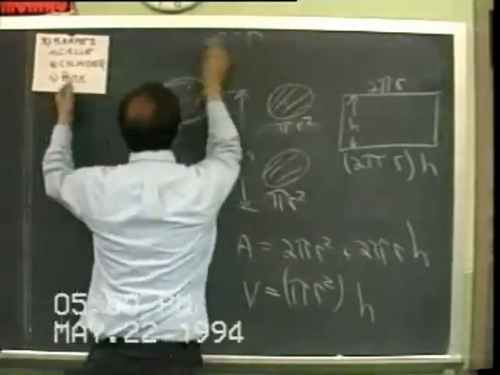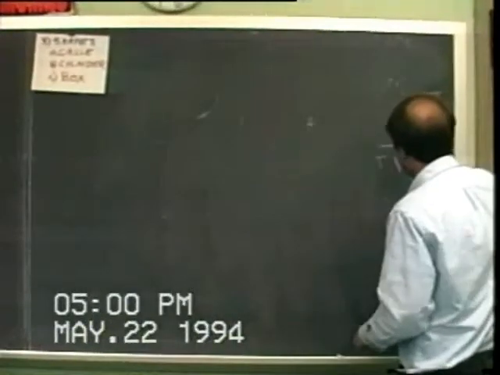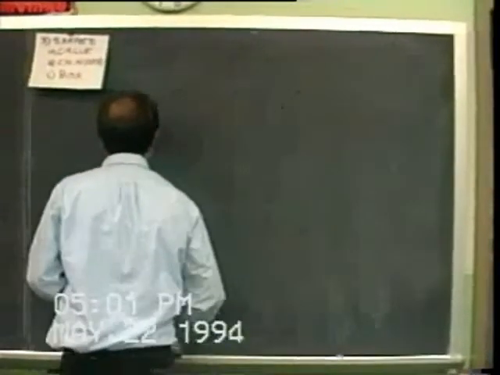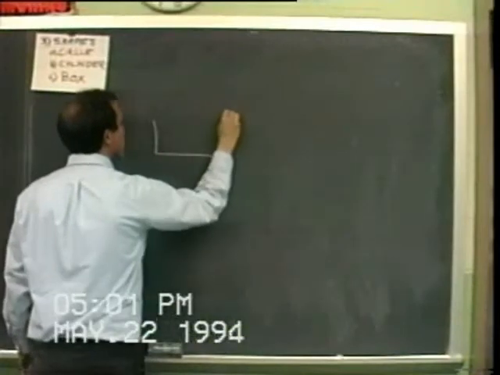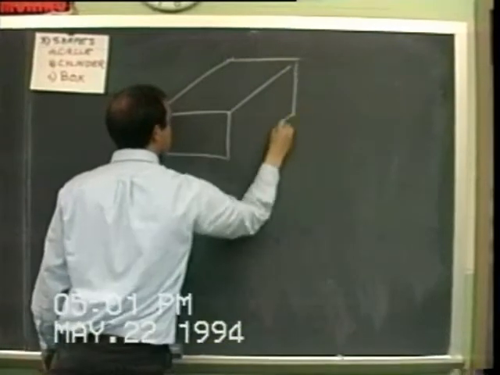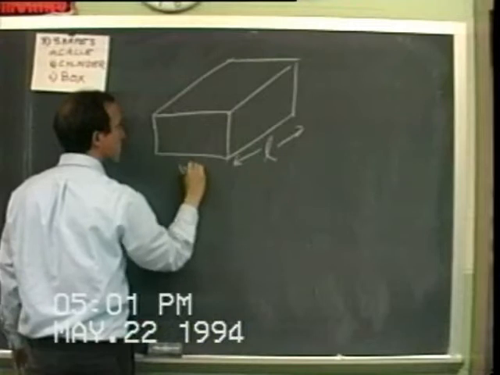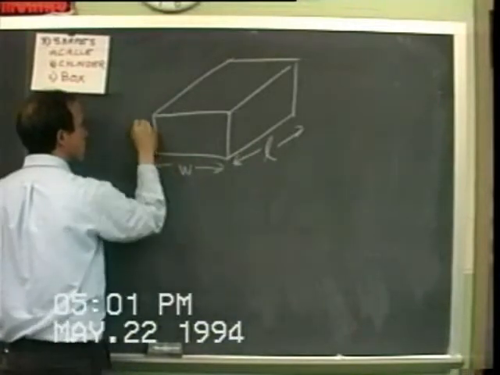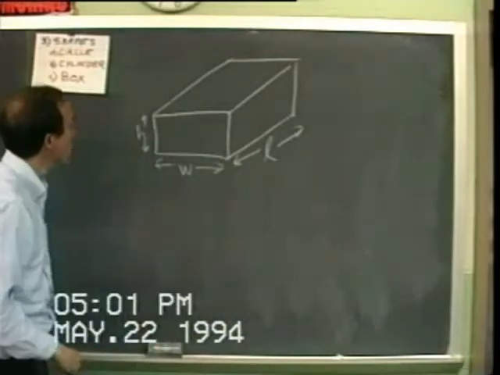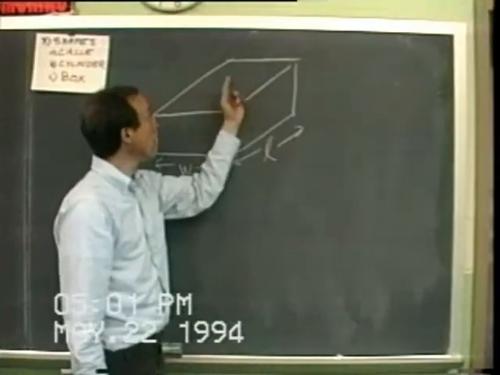Let's look at a box now. You have a height h, width w, length L, and the area will be the area of each one of these faces.